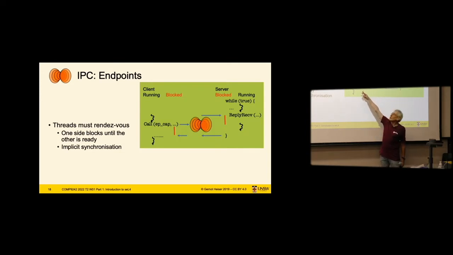So it does this call operation on the endpoint capability, and that means the kernel then switches context to the server, copies the arguments across, lets the server execute its code, and then eventually the server finishes the request and returns the result back to the client. And again, this is done by the kernel context switching from the server back to the client, delivering the result value as part of this process. So it's really, look at it as a function call.